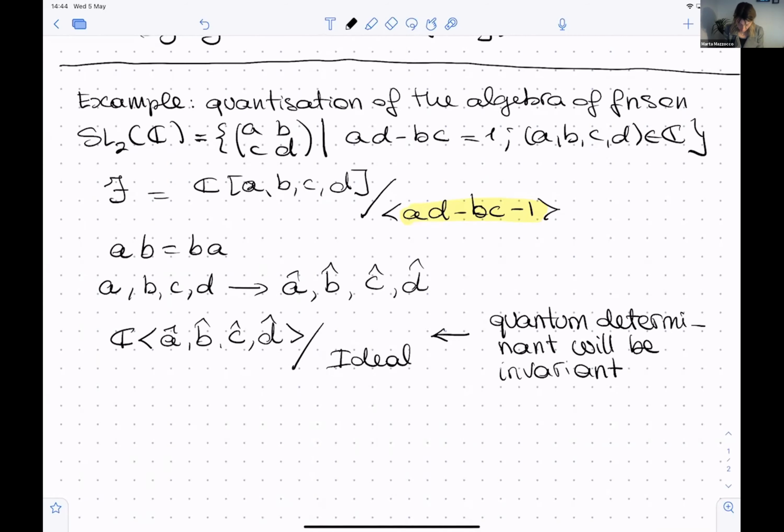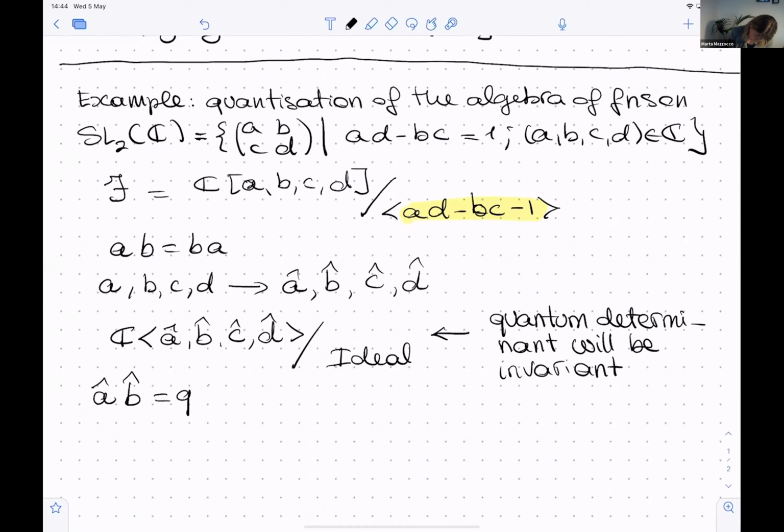So let's start guessing a little bit. One way we can do this is by saying, okay, I need to tell you what is A hat times B hat in terms of B hat times A hat. The first easiest possible case is that you say, okay, A hat times B hat is not quite B hat times A hat, but is B hat times A hat multiplied by some quantity q, and when this quantity q goes to 1, then A hat will go to A and B hat will go to B, so that we recover the classical object.